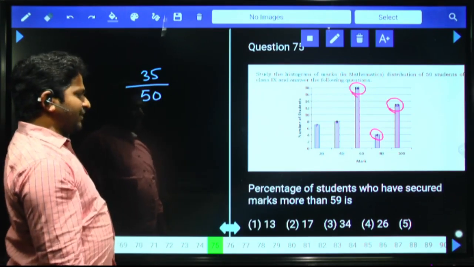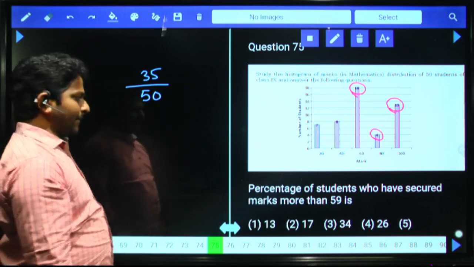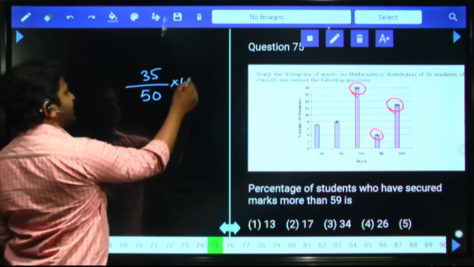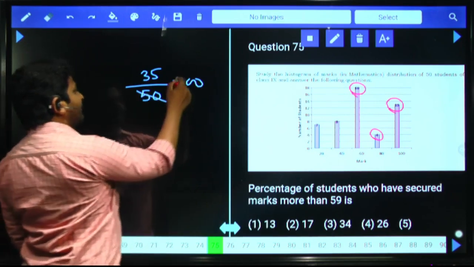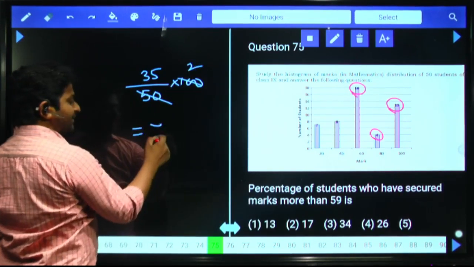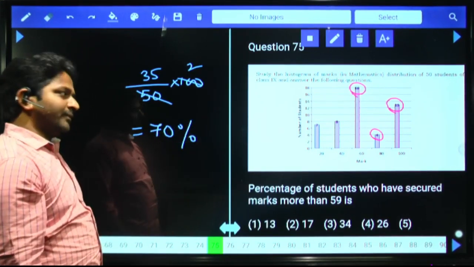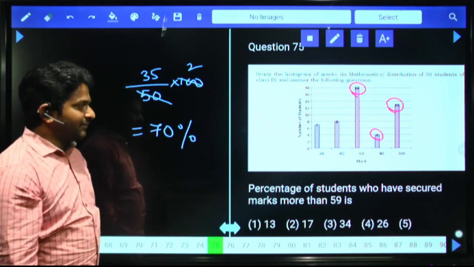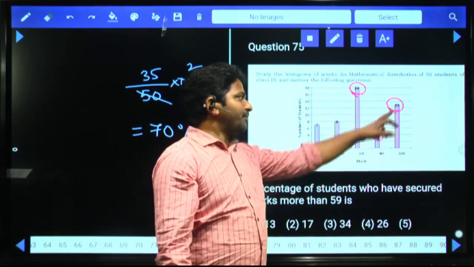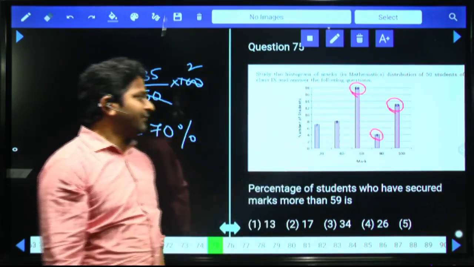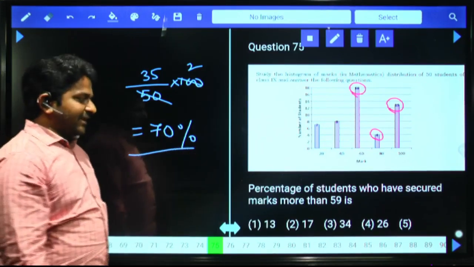Percentage is into 100, 35 out of 50, that is 70 percent. Yes, marks more than 59, it has to be 18 plus 4 plus 13, total 35 members out of 50. The answer is right, no doubt.